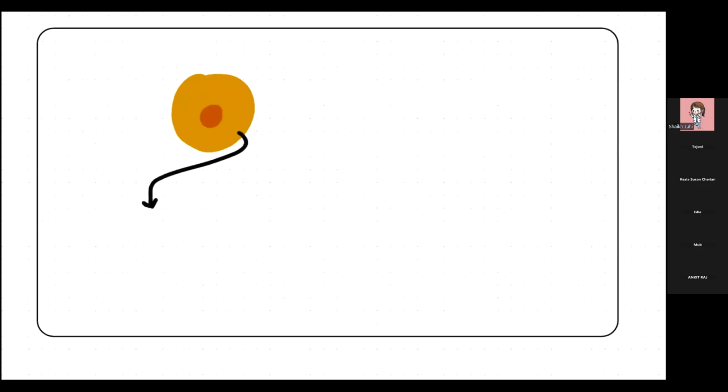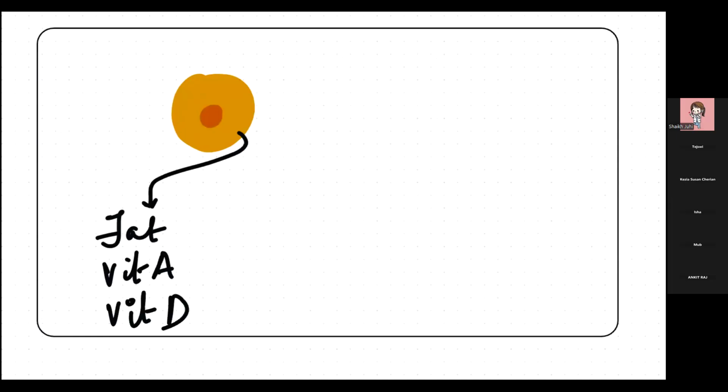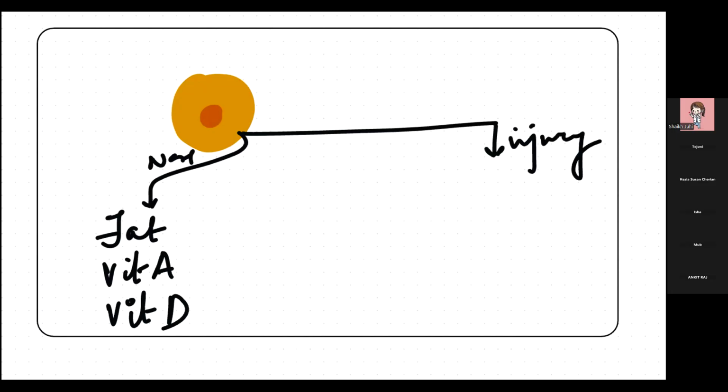This Ito cell will normally be storing fat or vitamin A or vitamin D. Whereas if any injury happens to the liver for any reason, it can be alcohol, a food item, any allergen, a physical trauma, anything, then this Ito cell will get converted into a myofibroblast.